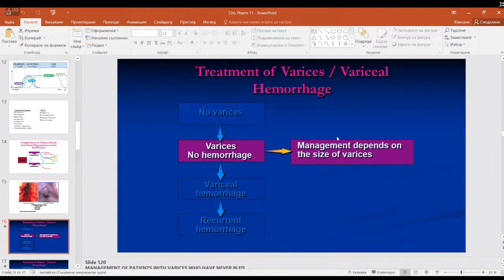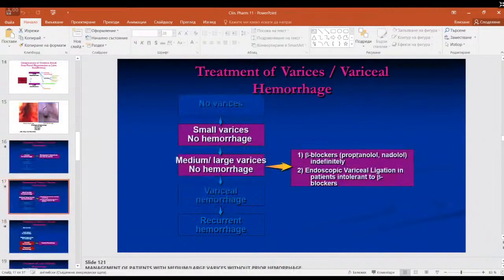The management of varices, if there is no bleeding, depends on the size. If they're too big, they're usually ligated. If there is bleeding, the ligation should be immediately done.